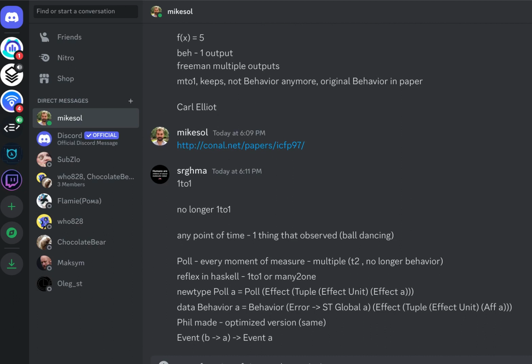The interesting thing is that when Phil was using the library and when he wrote it, from reading his source code, I know that he only ever used it like an original behavior. So he never stretched the limits of the library. But if you are rigid about it and look at the definition, you can see that because you're outputting an event A, you could output anything, basically.